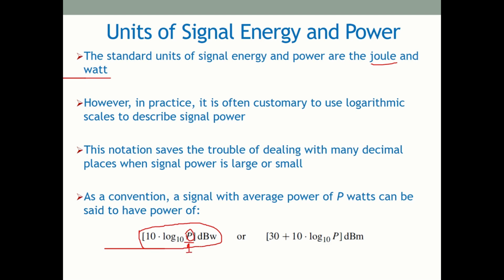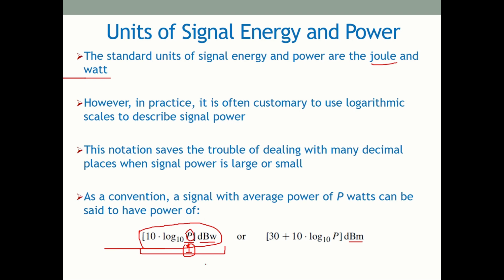The reference here is watt, so that's why the resulting unit would be dB watt. If we measure this in dBm, we will have the same formula. The only change would be the reference in the denominator would be 1 milliwatt, so we will have 0.001 watt in the denominator.